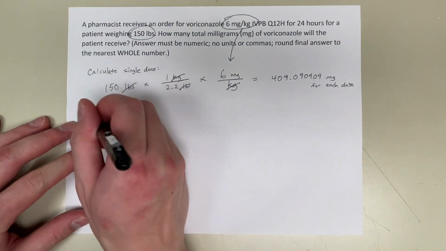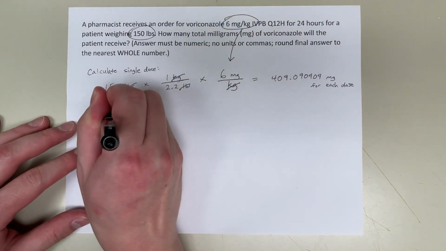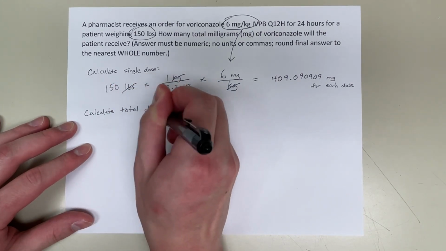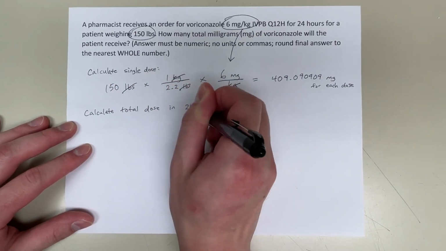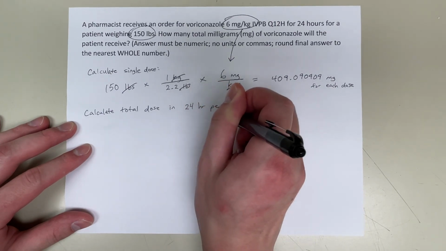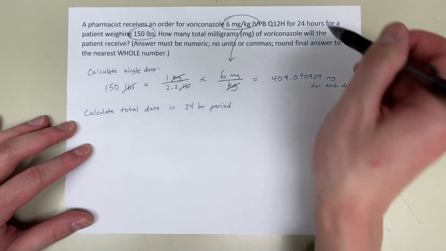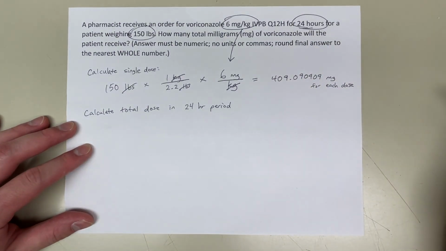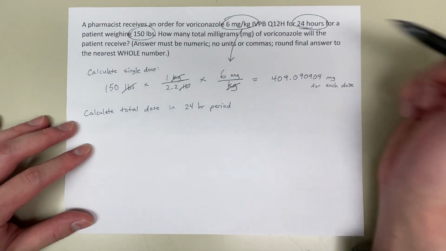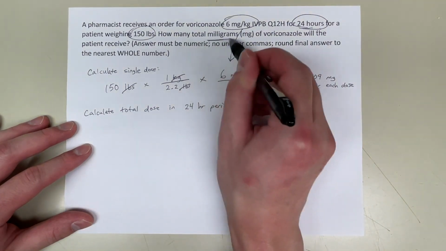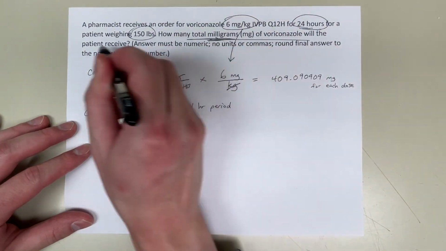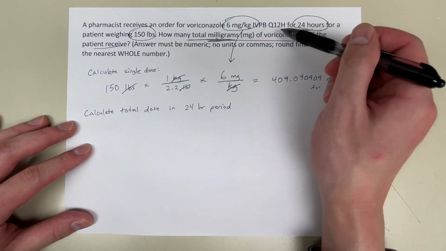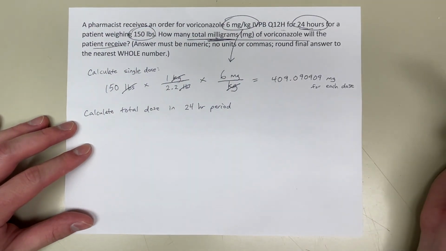So next I'm going to calculate the total dose in a 24-hour period. That's because the question asks, that tells us that the duration of this order is for 24 hours. And they want the total milligrams that the patient's receiving for this order, and it lasts 24 hours. But the patient's getting it every 12 hours, so twice a day.